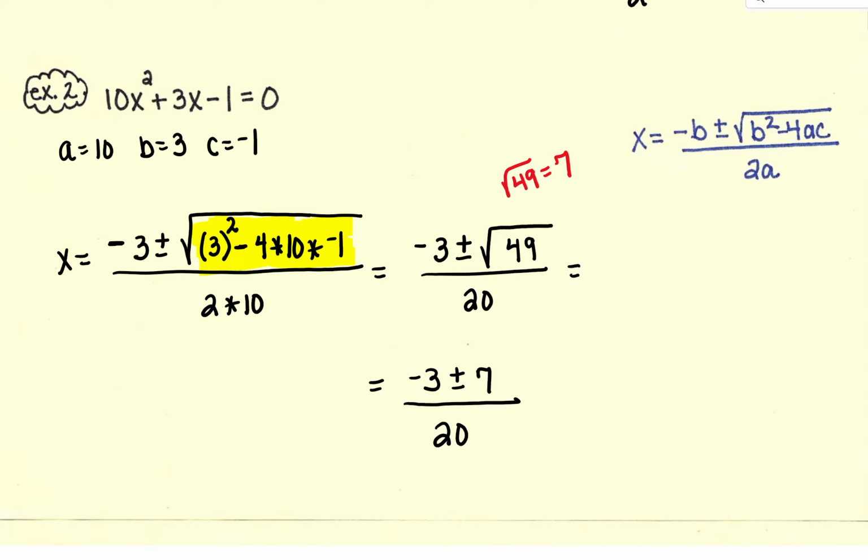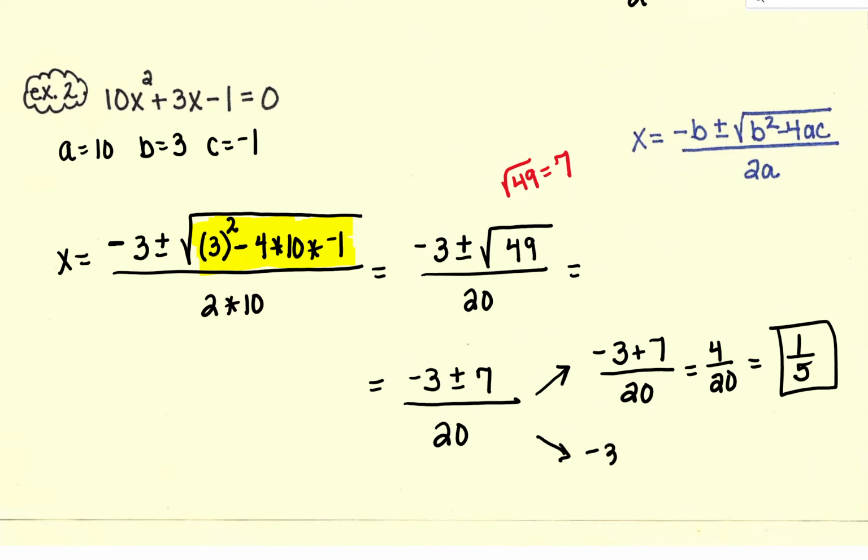In this particular instance, we need to solve it because those are like terms and we can collect those and we should collect those. We're going to say negative 3 plus 7 over 20. So that's negative 3 plus 7 is 4 over 20, which reduces to 1/5.